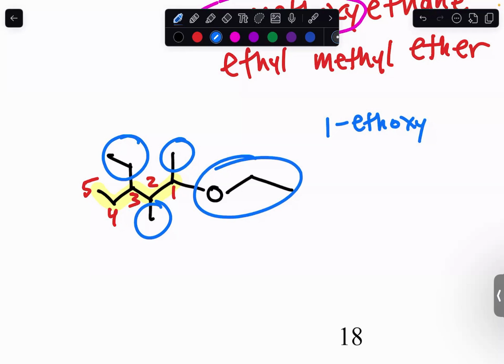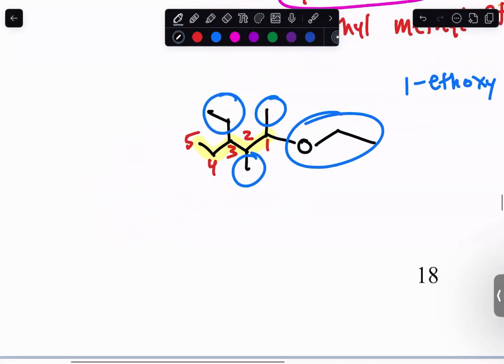Wait, before that, you put 1 as the ethoxy. Is it always just going to be 1 in that case if we're naming this substituent, because it just always ends up after the oxygen, so it would be 1, or no?